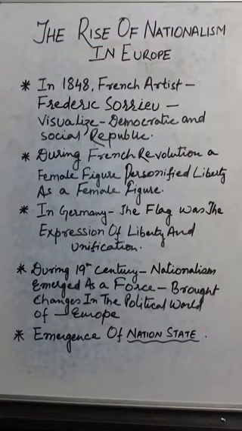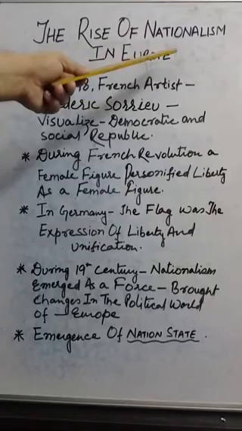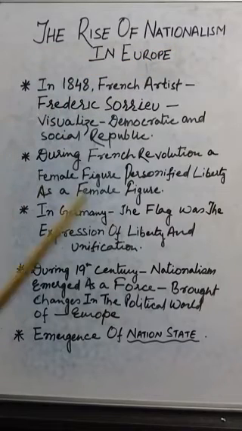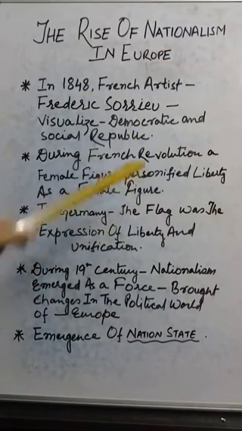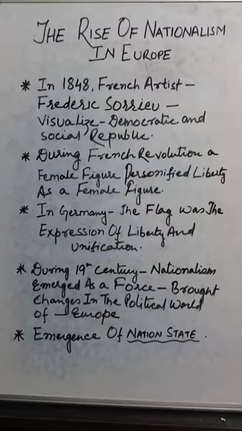People used these ideas, these personifications, to develop the feeling of nationalism, because without nationalism it was not possible for the people of a particular country to unite together, eradicate monarchy and establish democracy.